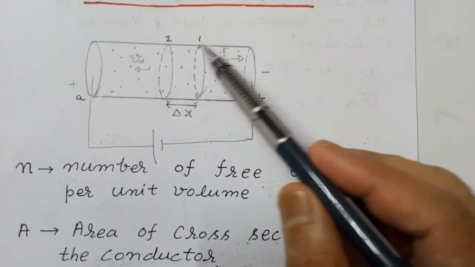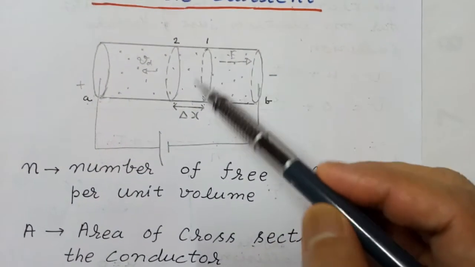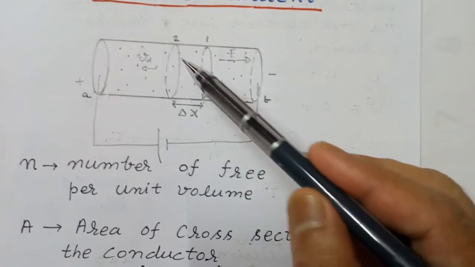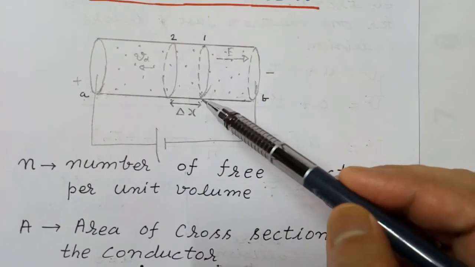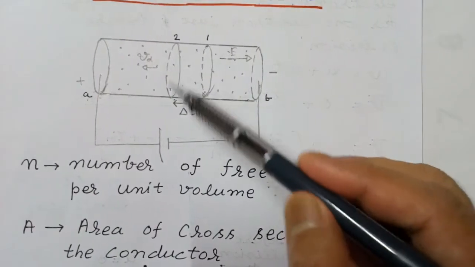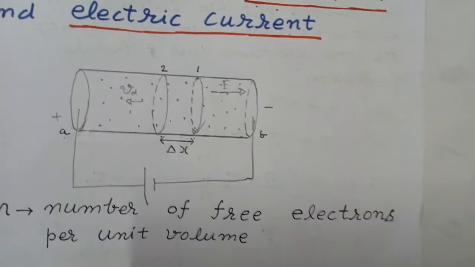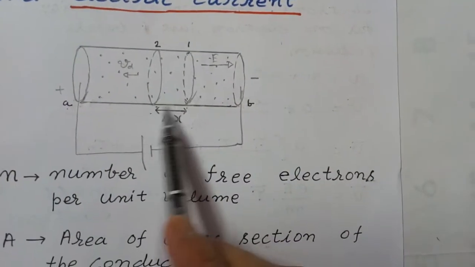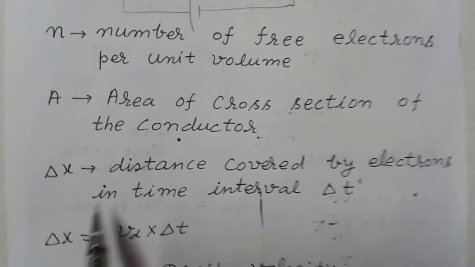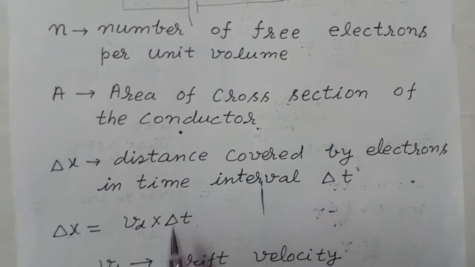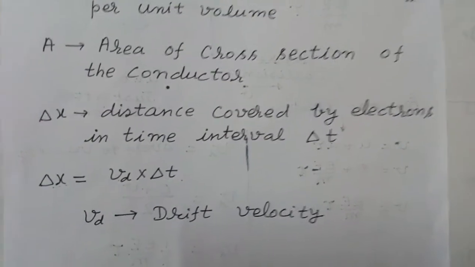Now the volume of the space between cross section 1 and cross section 2 is equal to A into delta x, because this is delta x and this is the area, so volume is equal to area into length. And if drift velocity is Vd, then this distance delta x is equal to Vd into delta t, because distance is equal to velocity into time.